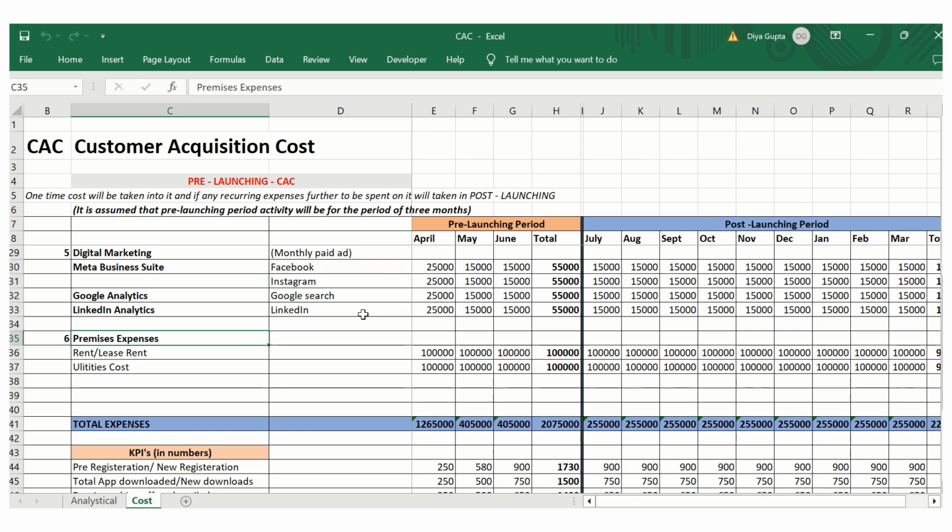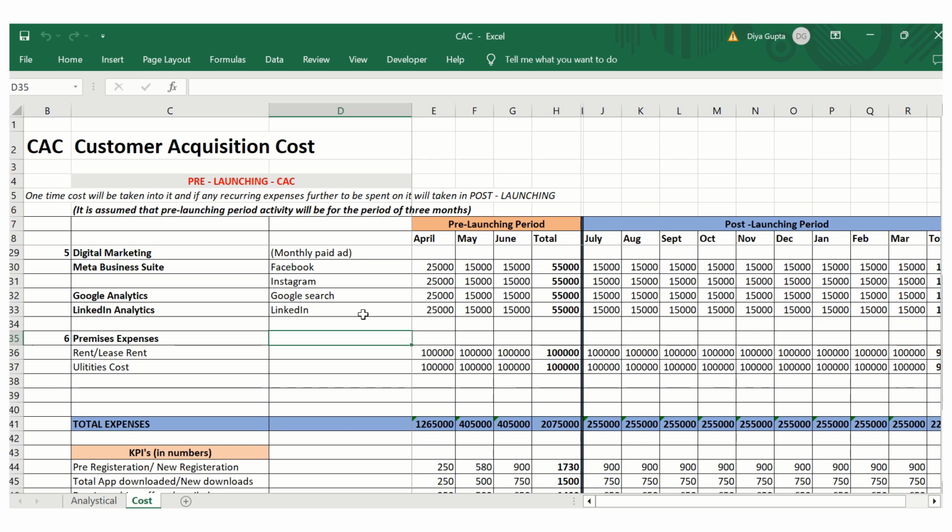And then premises expenses. Normally the concept is that this is a new thing which has come into the market in only the last 3 to 5 years, and regularly it becomes more filtered, polished and improved in the use of these CAC expenses. So why do you spend a lot of money on CAC?